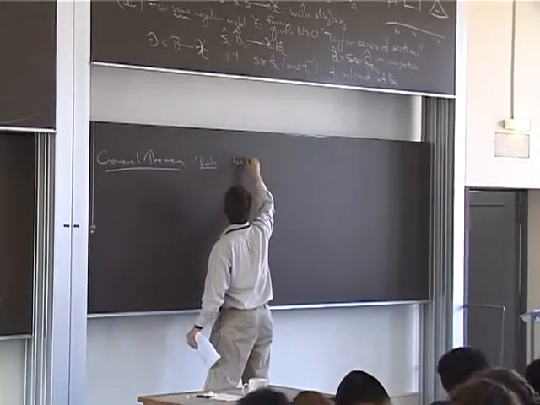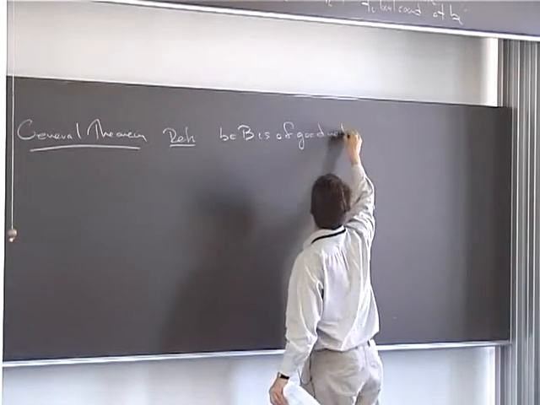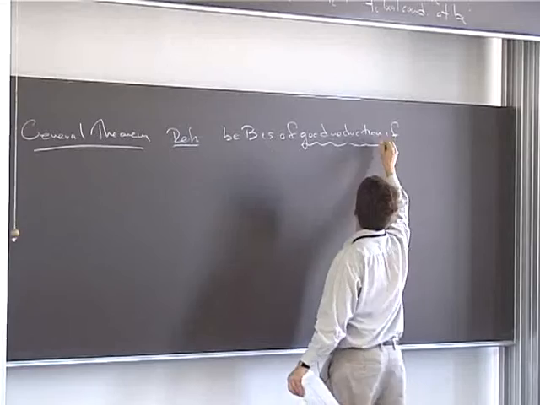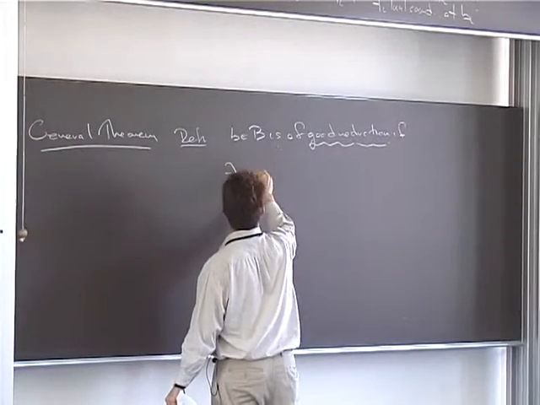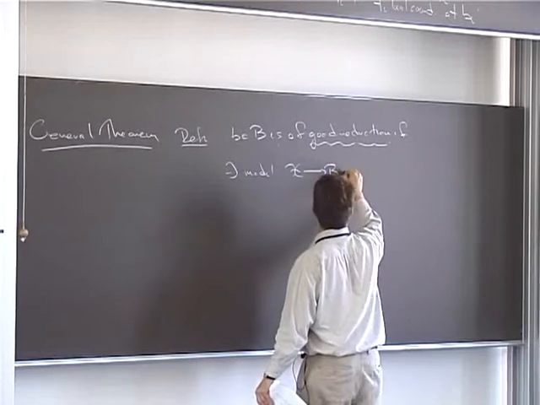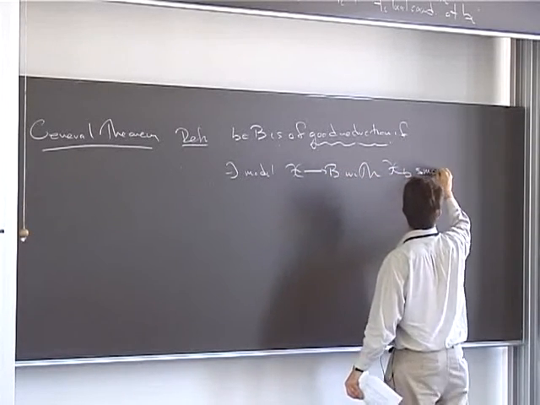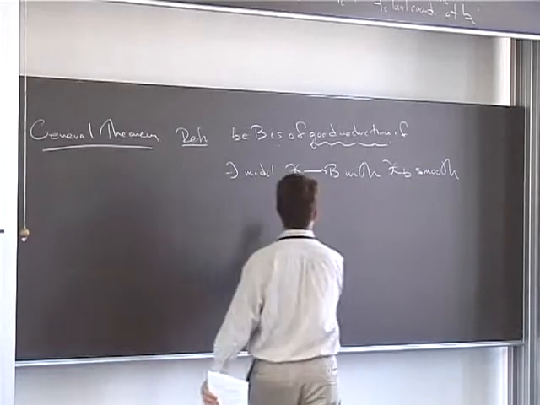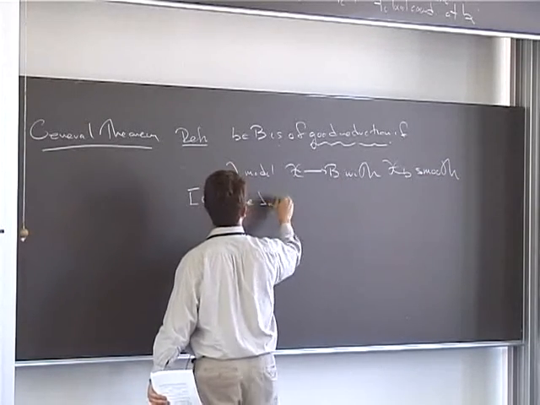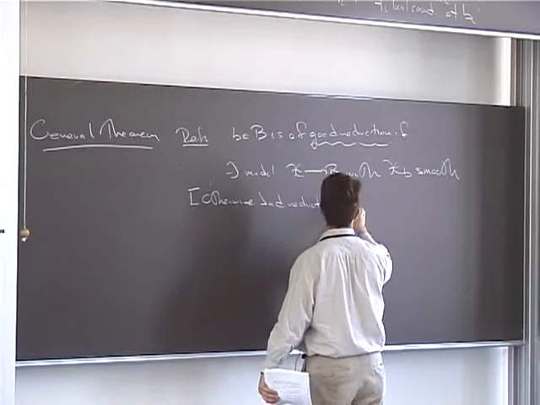A point b in B is of good reduction if there exists a model with the corresponding fiber smooth. And otherwise, bad reduction. So there's a finite number of these.